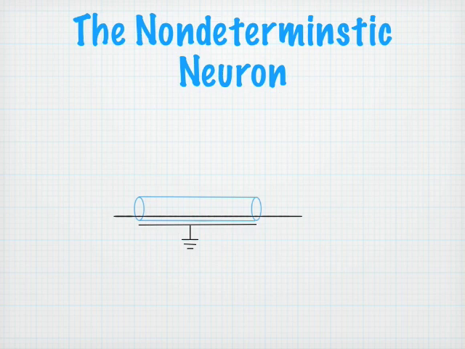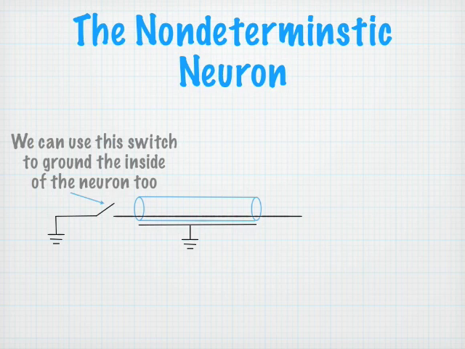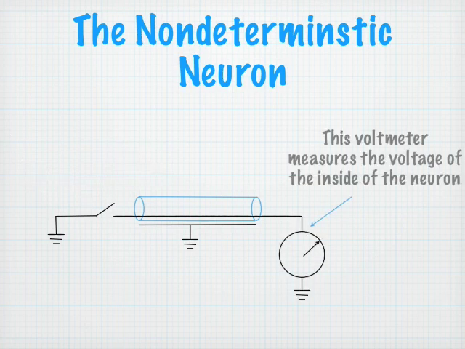Okay, so we're going to connect one end of this probe to a switch, so we can ground the inside of the neuron too, and we're going to connect the other side of this probe to a voltmeter, so we can measure the voltage across the neuron's membrane. Okay, so that's our experimental setup here, right?